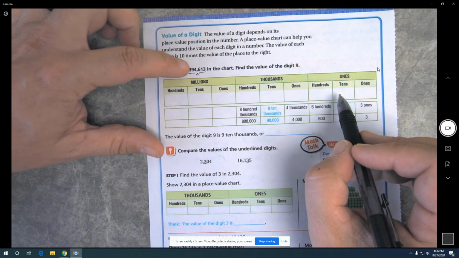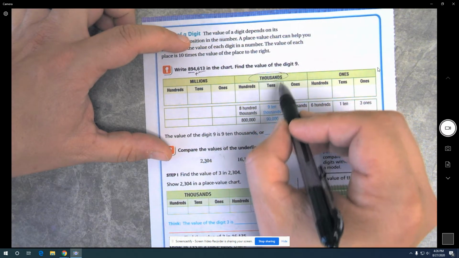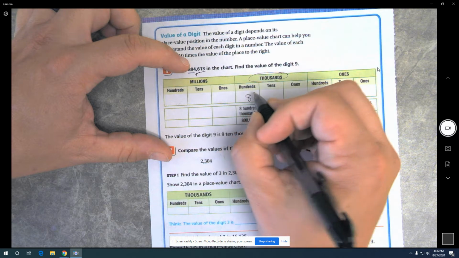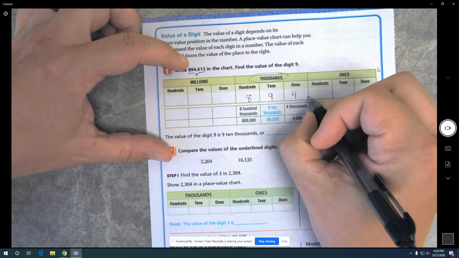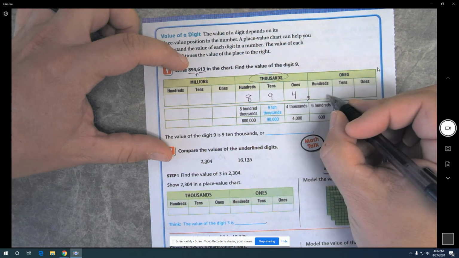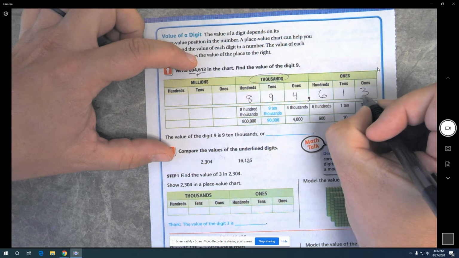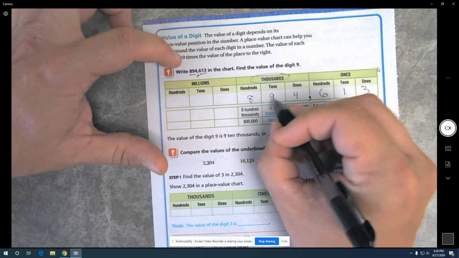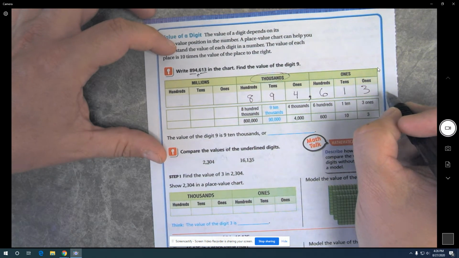So this is 894,000. Well, look, here's the thousands period. So it was 800,000. So we're going to put 894,613. Now, if you wanted to fill it in from here and go 3, 1, 6, 4, 9, 8, you can, but we're going to be reading it from the left to the right.